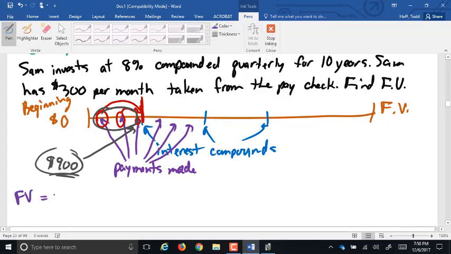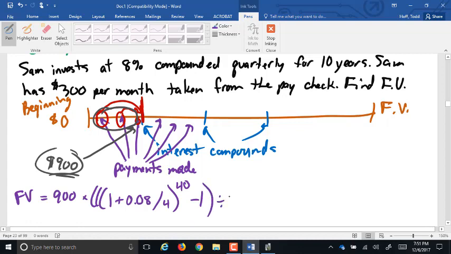So that future value, 900 times 1 plus 0.08 divided by 12, close, 10 years to the power of 120. No, not 120, it's power of 40. This is quarterly, so instead of 12, it should be 4, and this should be 40. Thank you. Minus 1. Sorry, I was trying to get excited and get ahead of myself. That's what I get for trying to go fast.